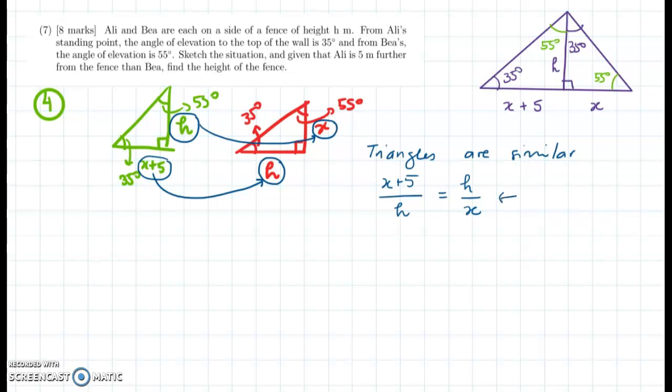So in other words, here what I'm saying is that x multiplied by x plus 5 is the same as h squared. Now so far we have one equation with two unknowns.